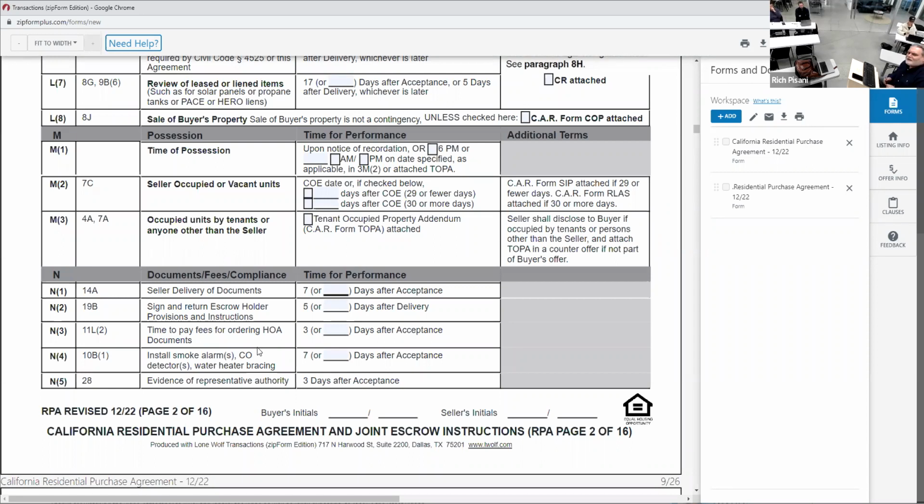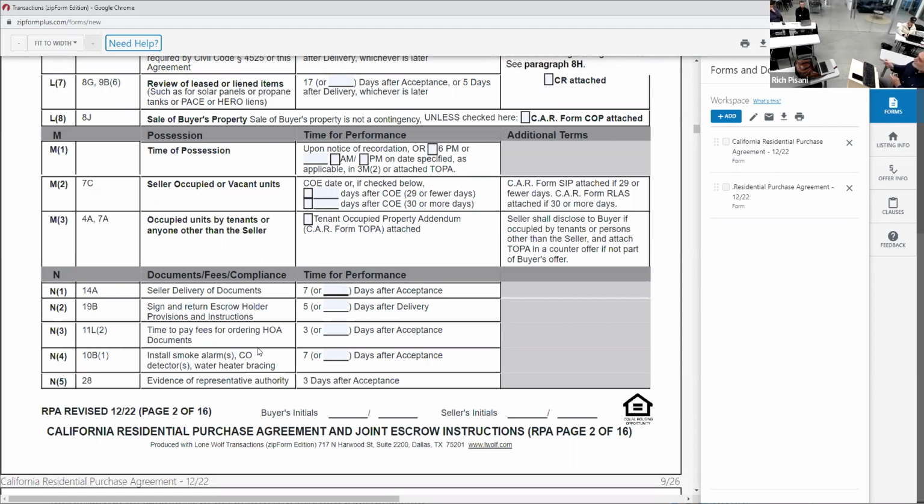Evidence of representative authority. What's representative authority? Representative authority is if the buyer or the seller is an entity. What's an entity? It's a trust, it's a power of attorney, it's a conservatorship, it's a corporation. So those are all entities. An entity can't sign a document.